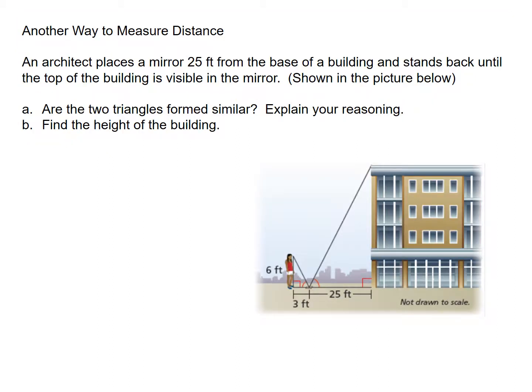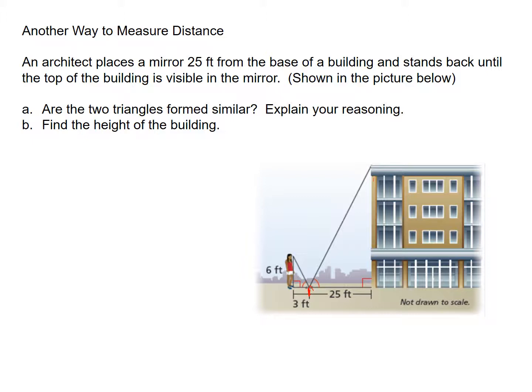So we can use similar figures to measure indirectly. Like, this person standing next to this building doesn't have a yardstick to measure all the way to the top of the building. So what she does, she's an architect, she goes out and she places a mirror on the ground right here. And she stands back until she can just see the top of the building in the mirror.